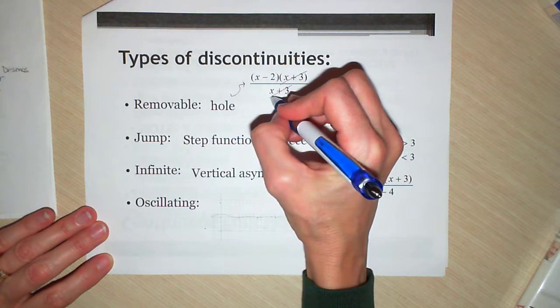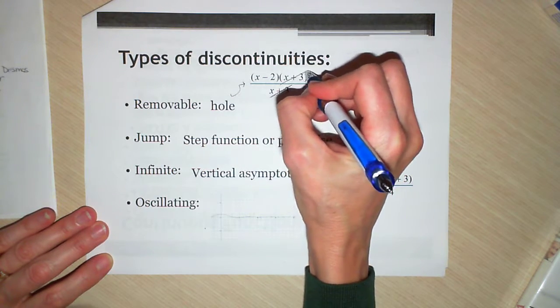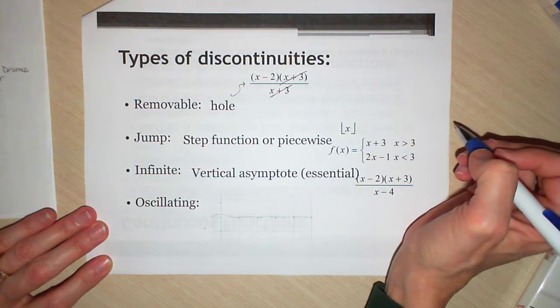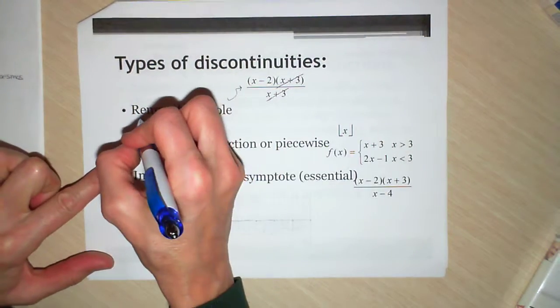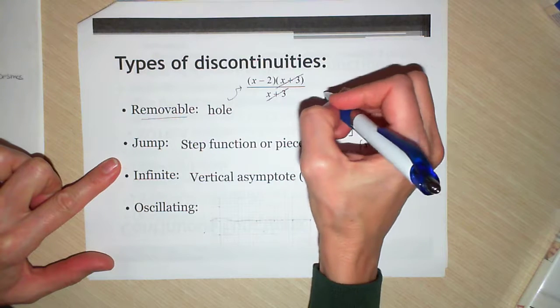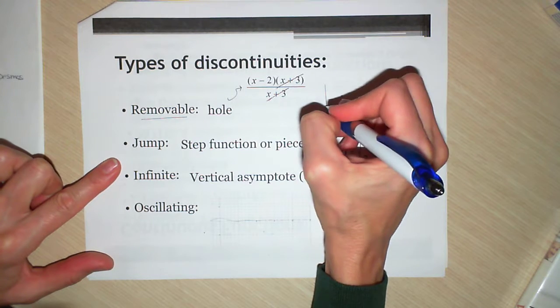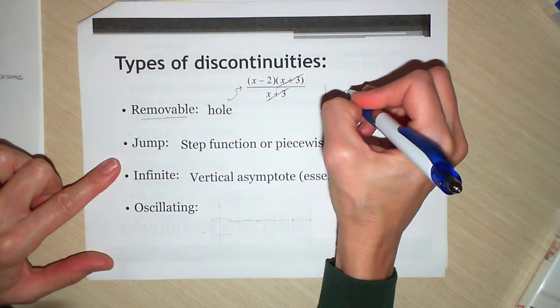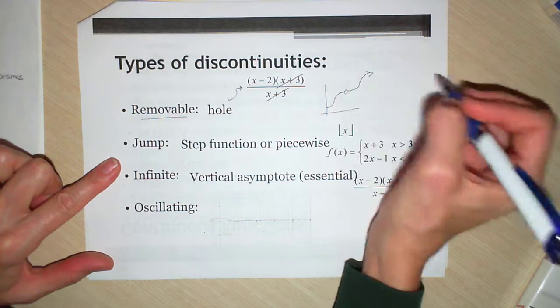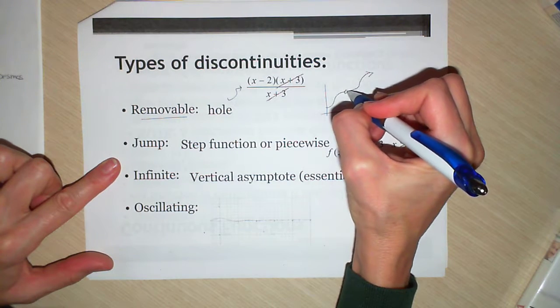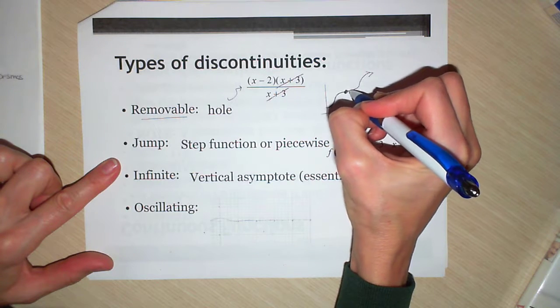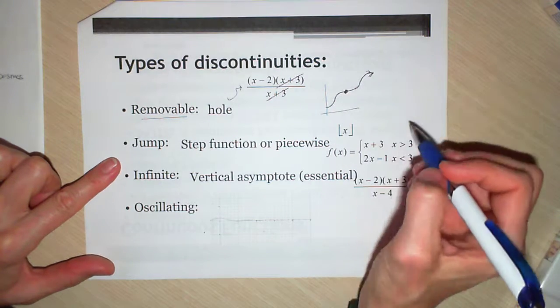It's not an asymptote if you have that same factor at the top and at the bottom. So the first type is removable. And the reason, if you think about it logically, the reason we call it removable is if I can fill in a value here for this hole, then I'm now continuous.